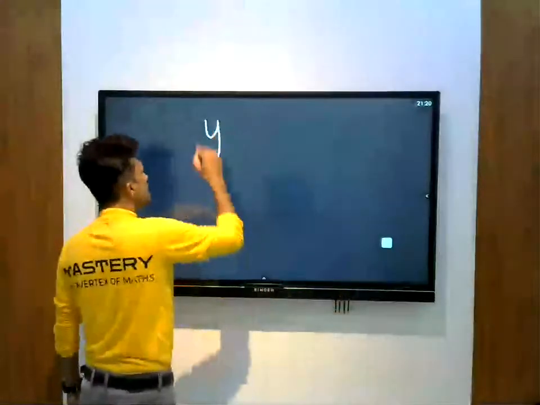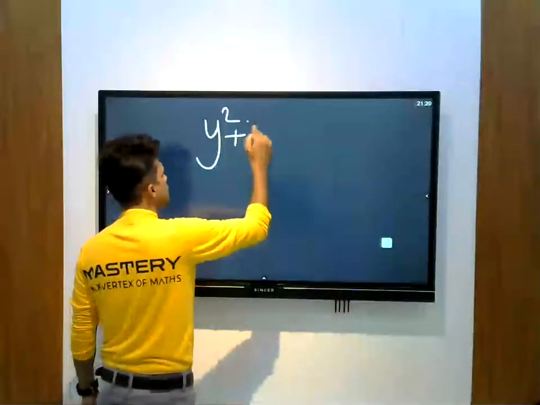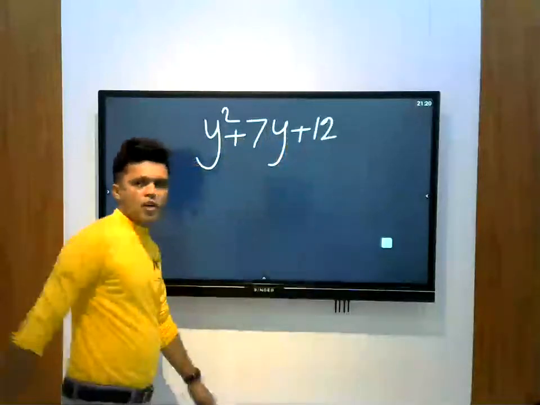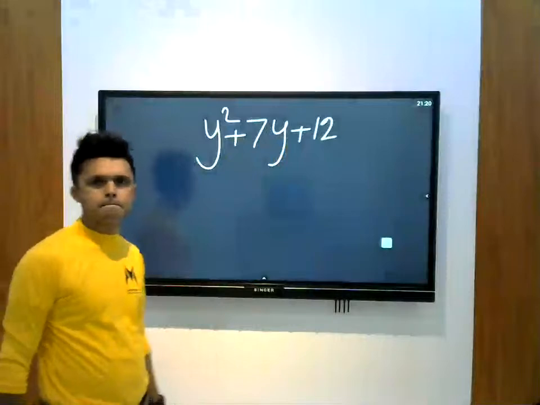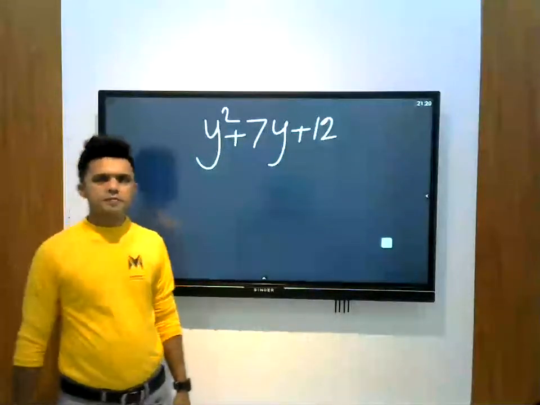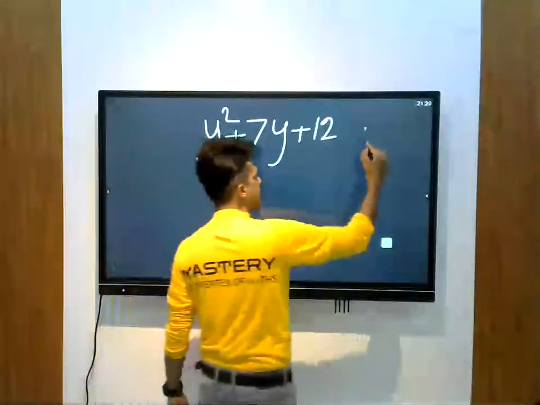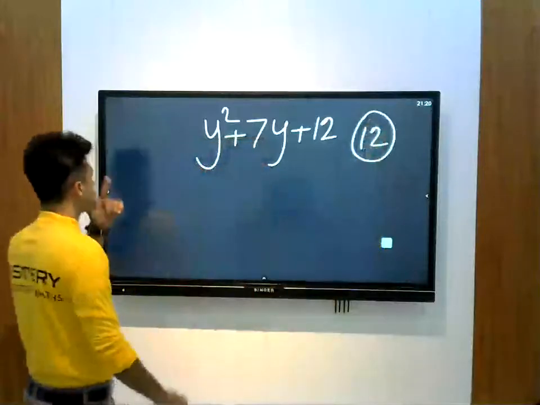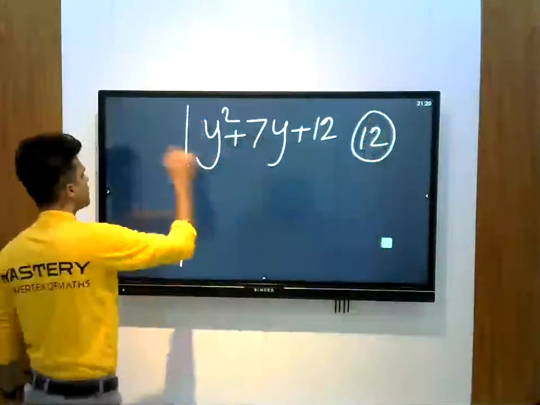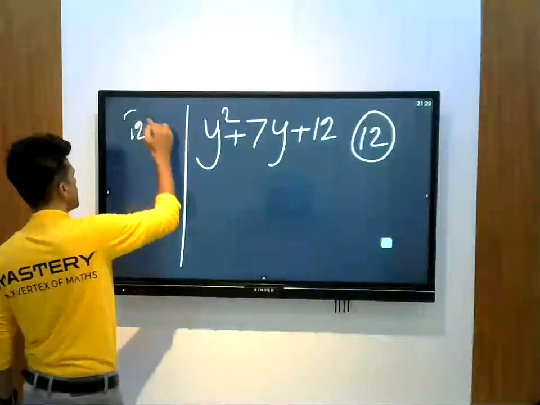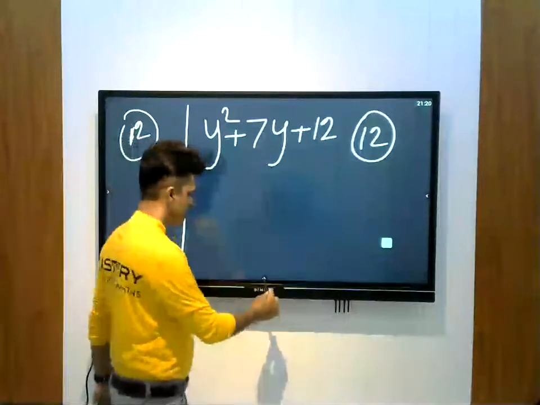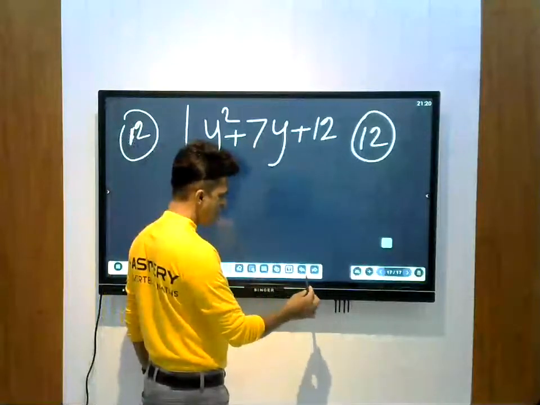y squared plus 7y plus 12. How can you do this one? You need to get the factors of 12 so that you can get 7 here.